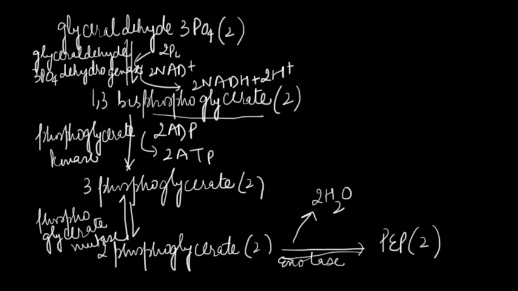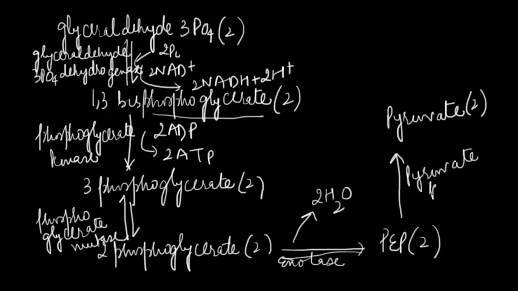Next, phosphoenolpyruvate gets converted to pyruvate, which is the end product of the glycolytic pathway, and the enzyme catalyzing this reaction is pyruvate kinase. This is the second substrate level phosphorylation, as at this step also ATP is formed.